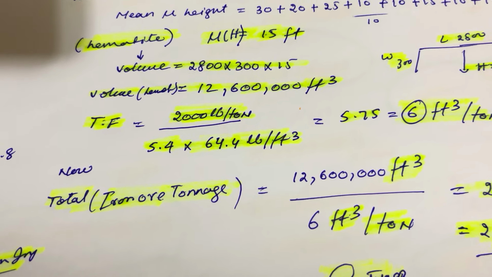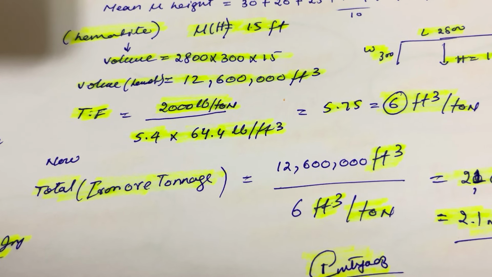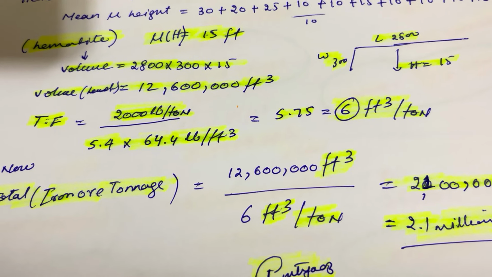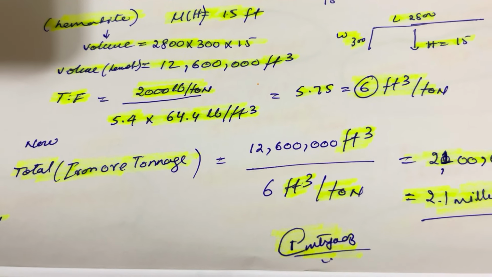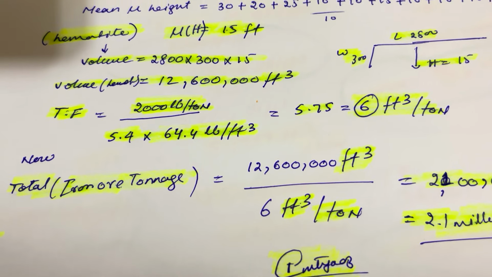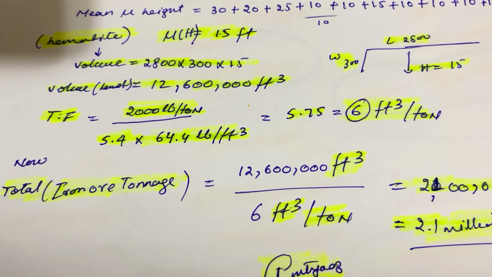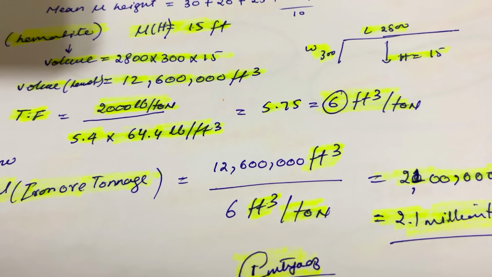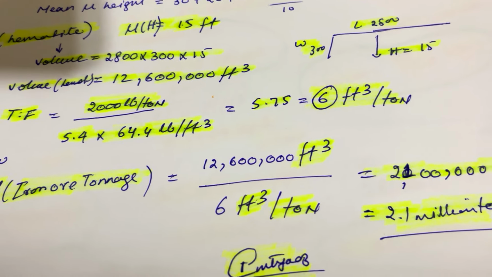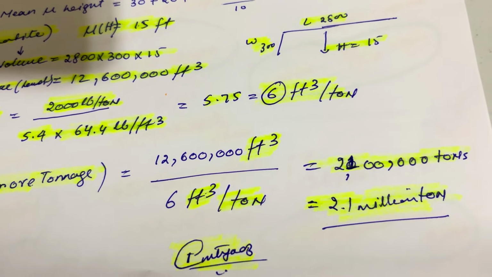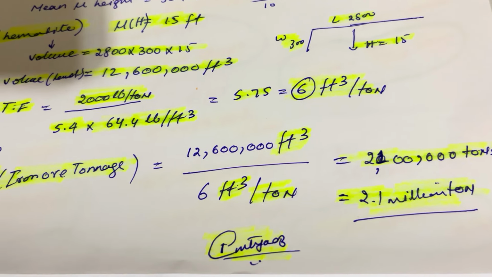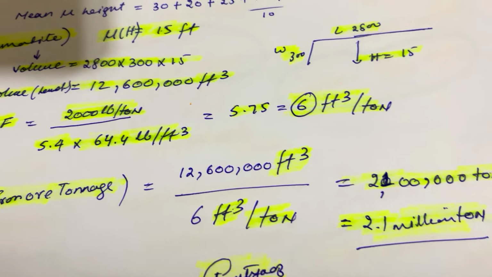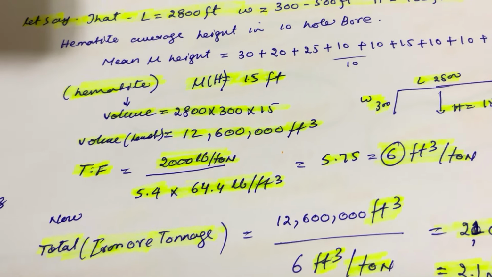I took 6. So the total iron ore tonnage is 1,260,000 divided by 6. You can calculate it using your computer, mobile or calculator. So feet cubed is gone, and we got 210,000 tons of hematite in this deposit.